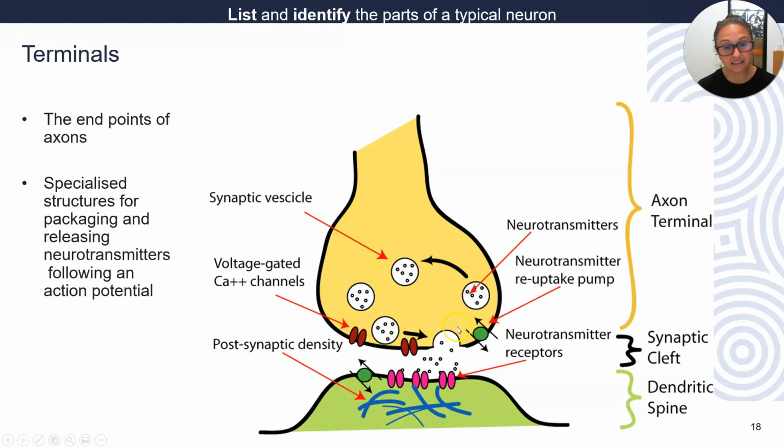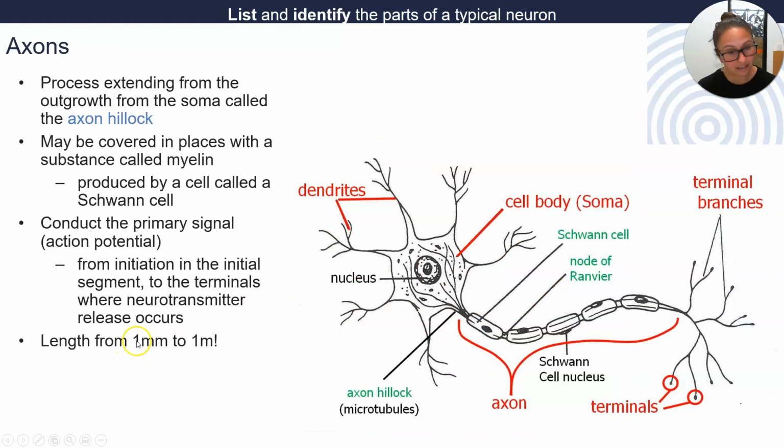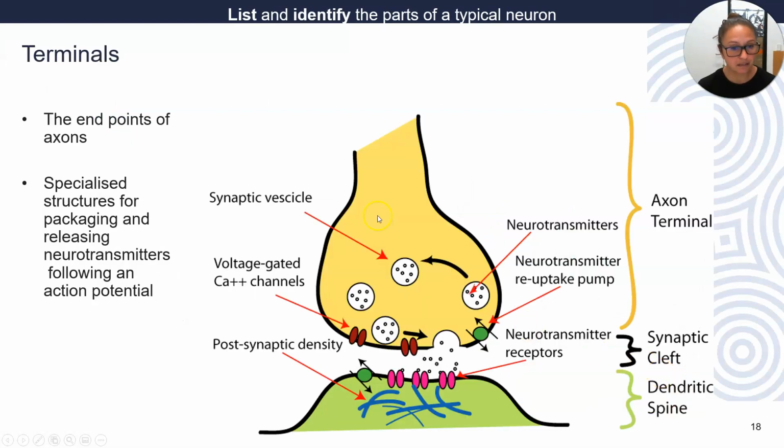These are the ends of the axons, and we're going to study this in more detail when we look at how 2 axons communicate with each other. So essentially, if I go back a step, we are looking at this bit. Okay, the end bit. This is the little axon terminal, and when we do synaptic transmission, that's when we're going to be learning about what happens there.